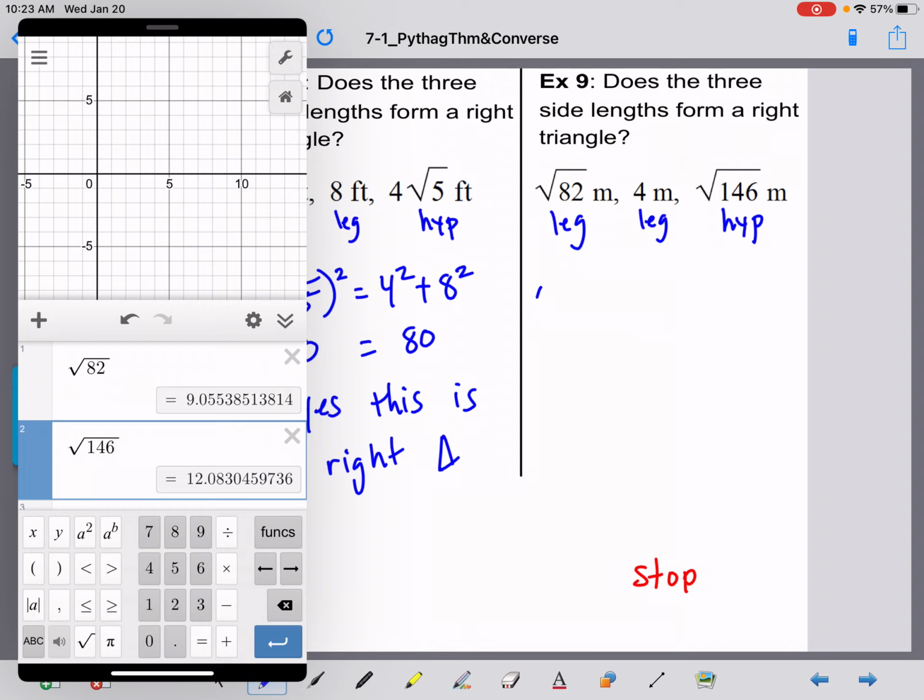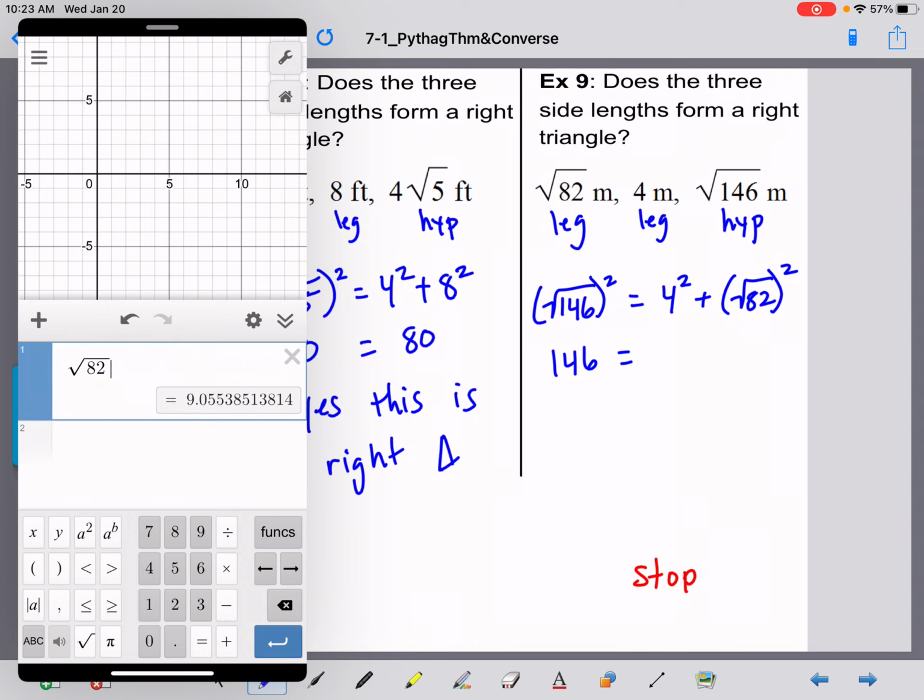So using my formula, this would be 146. I'm just going to do that one in my head. And now I'm going to go over here.